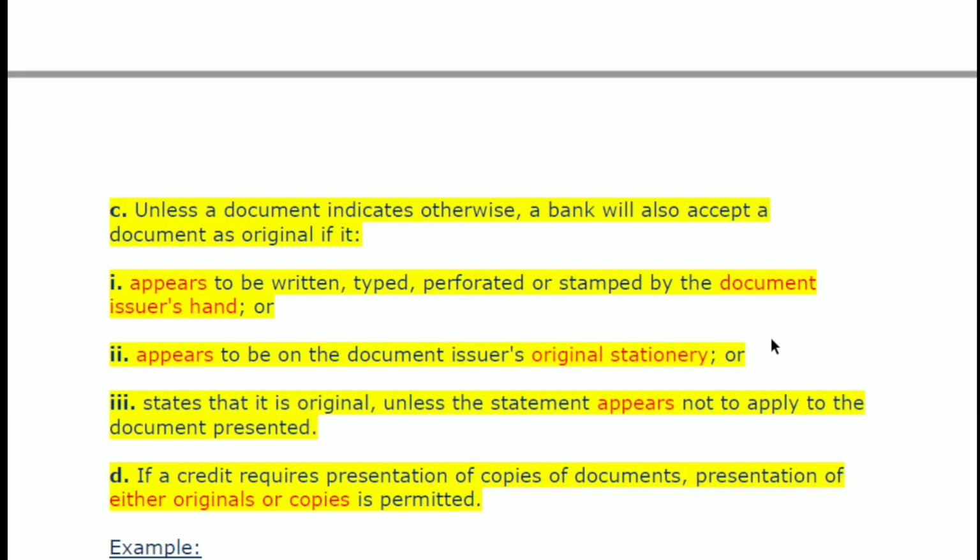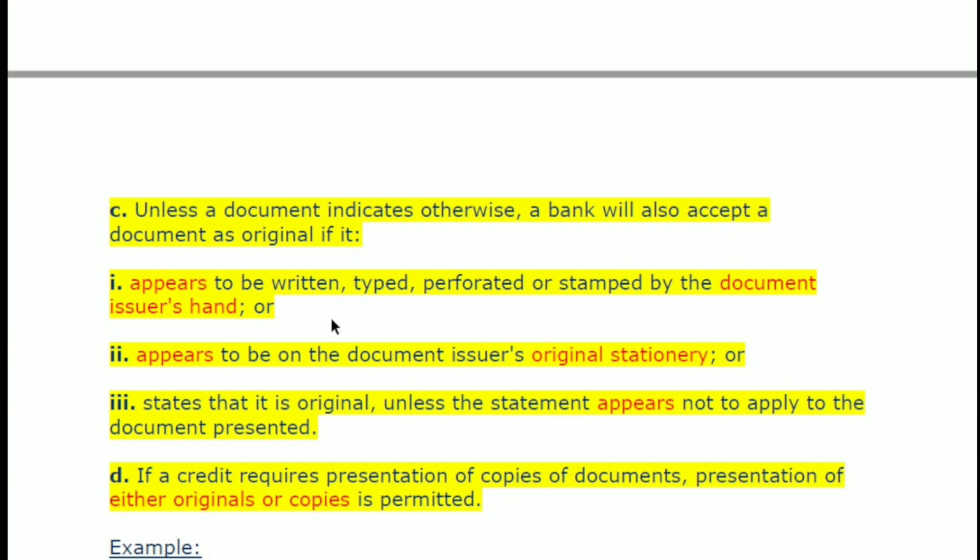Now let's move to point number C. It states, unless a document indicates otherwise, a bank will also accept a document as original if it appears to be written, typed, perforated, or stamped by the document issuer's hand.